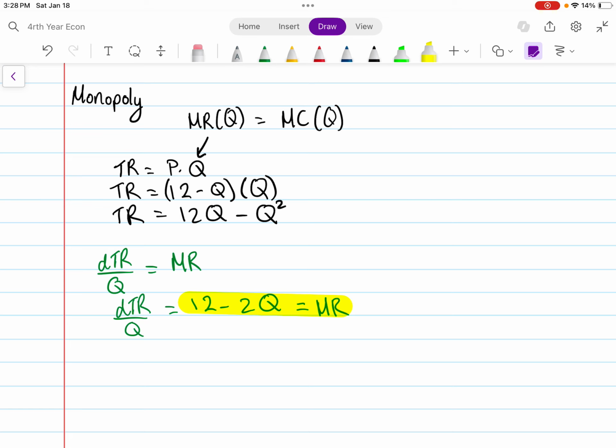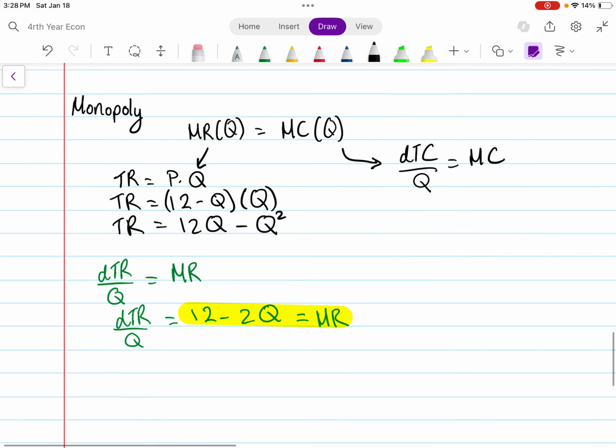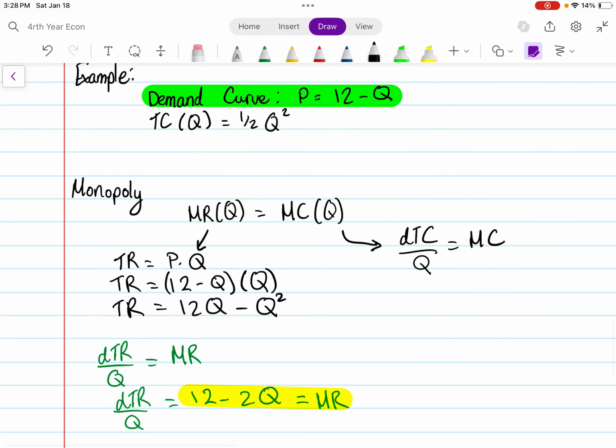Now we want to do the same thing with total cost. Also recall that in order to find marginal cost, we need to take the derivative of total cost with respect to Q. We know we're given here that total cost is equal to 1/2 Q squared.